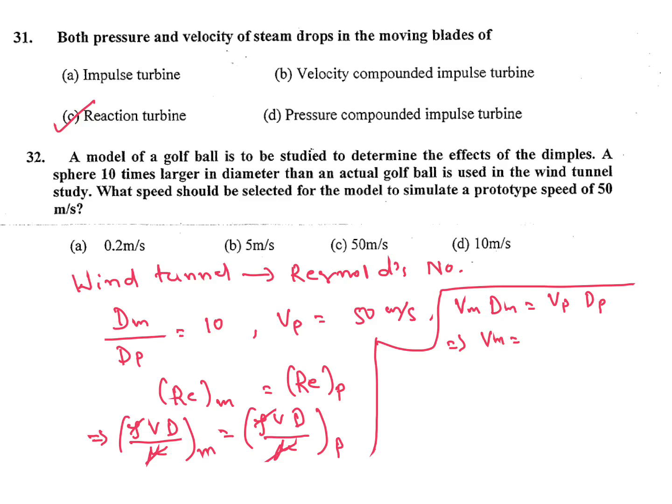Vm equals Vp into diameter of prototype divided by diameter of model. Vp is 50, dp by dm is 1 by 10, so 5. Velocity of model is 5 meters per second. So B is our answer.